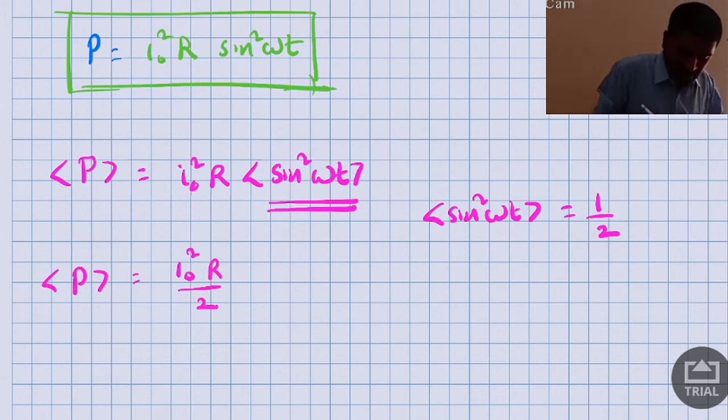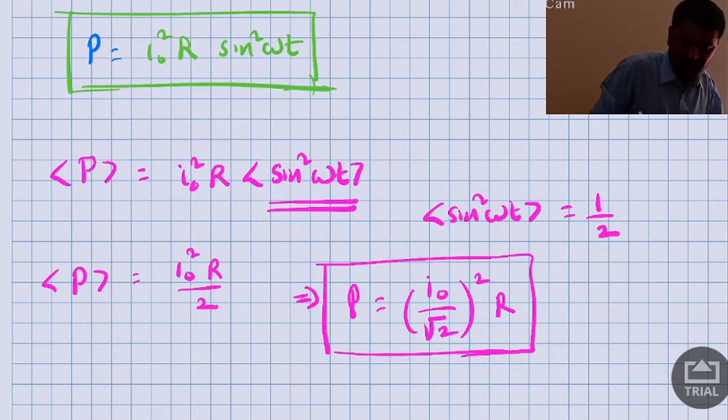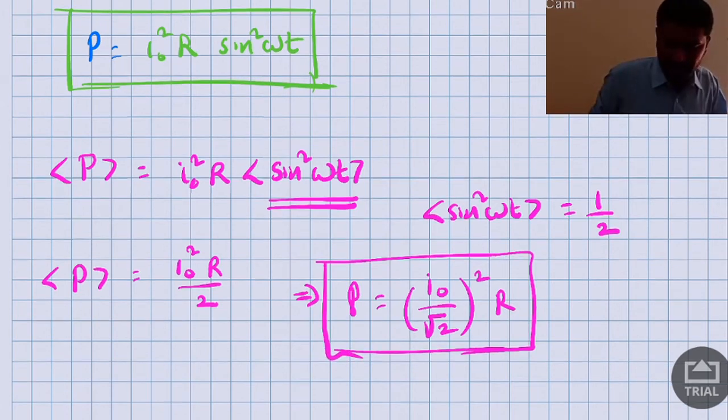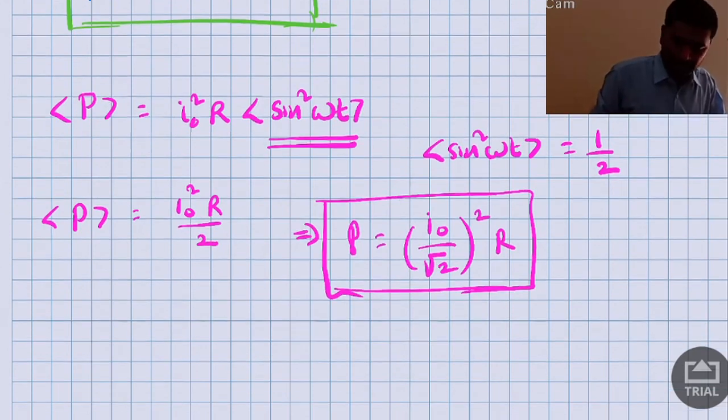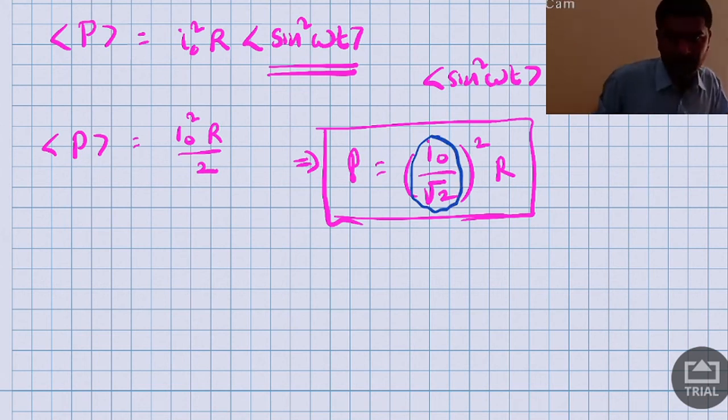Now I can rewrite this equation as P equals I0 by root 2 whole square R. So this is my power dissipation. Now I am calling this I0 by root 2 as the RMS, or even effective current you can call it.